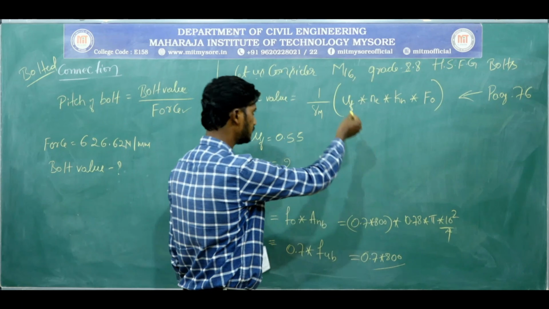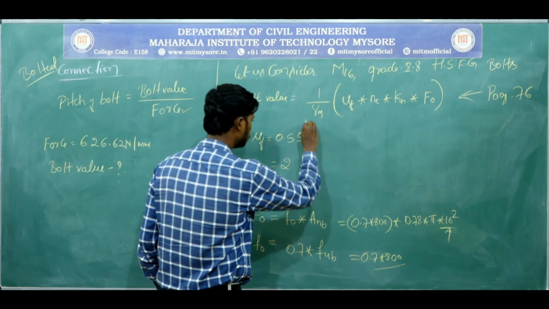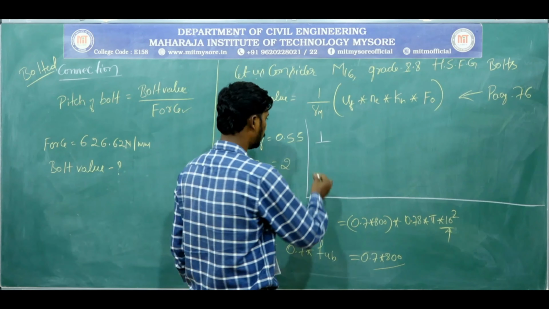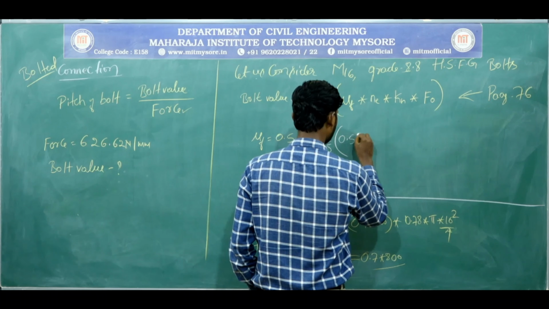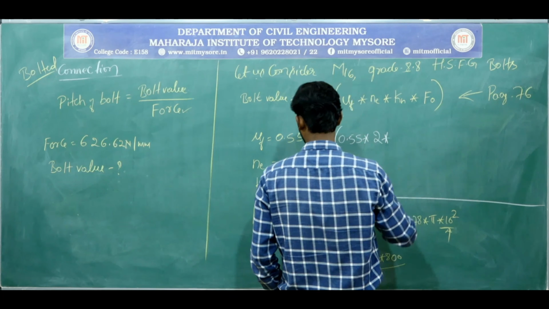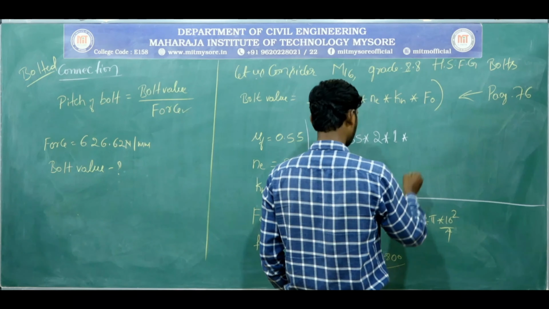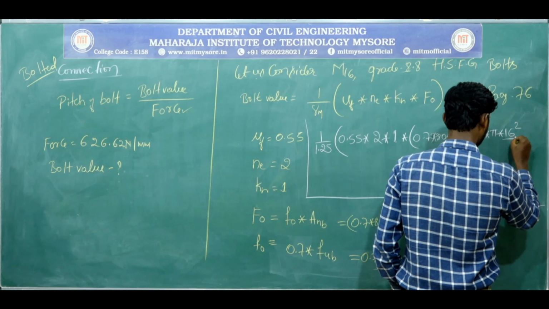So let us solve: 1 by factor of safety, let us take 1.25, into mu f 0.55 into 2 into kh is 1 into f naught, 0.7 into 800 into 0.78 into pi d square by 4.